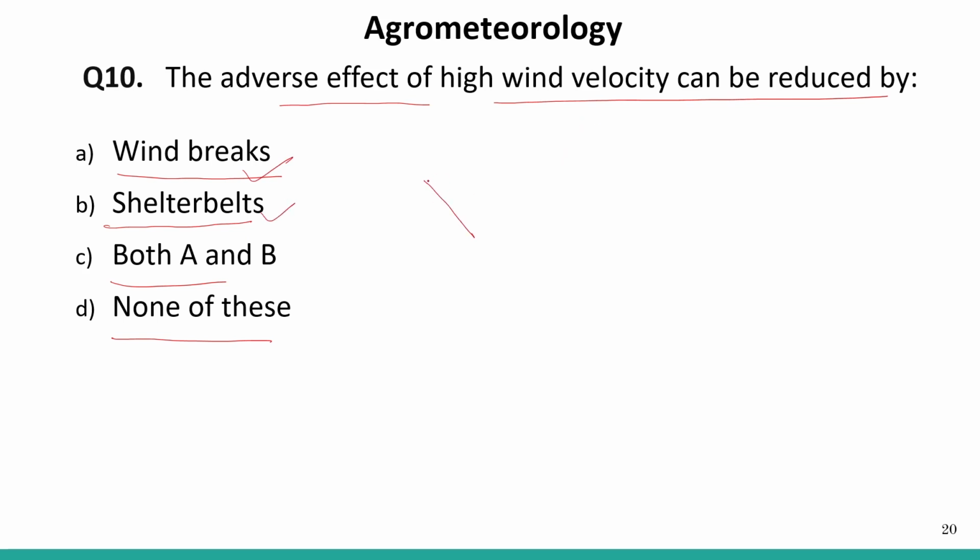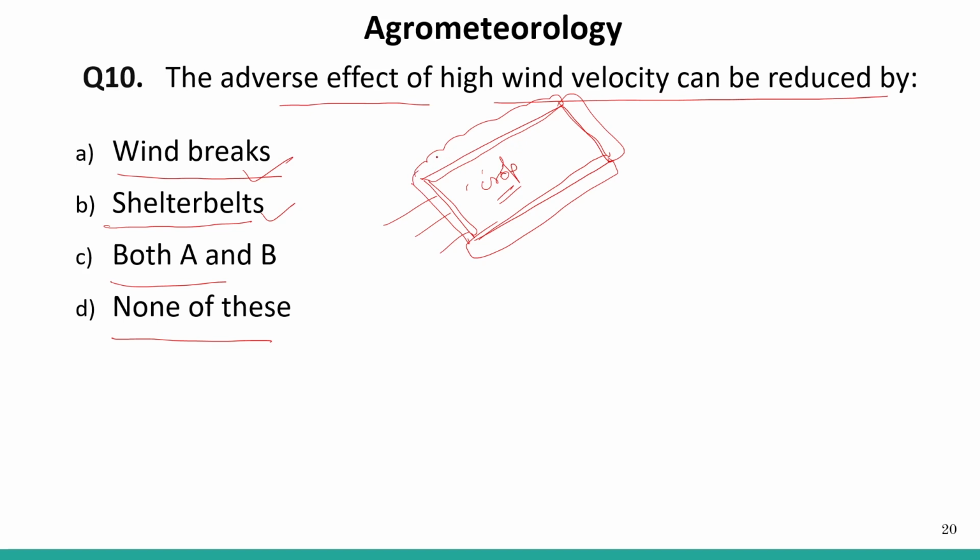So we have a crop field, and around the crop field we can have some bushes or shrubs like this. Okay, we can grow them. And when wind blows, it does not harm our crop which is present in this field. Okay, so these are called windbreaks.